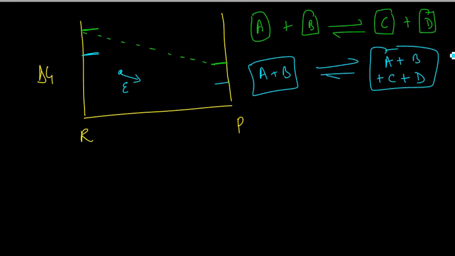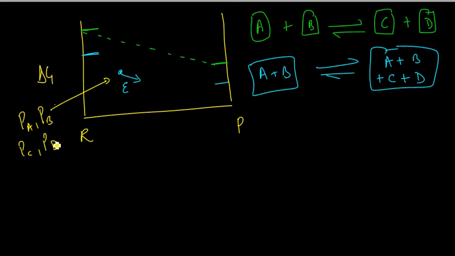What we would need to calculate is the Gibbs free energy at this point and the Gibbs free energy at the starting point. So at the starting point, let's say I have my partial pressures defined over here. I have PA, PB, PC, PD, some partial pressures of each and every gas over there.